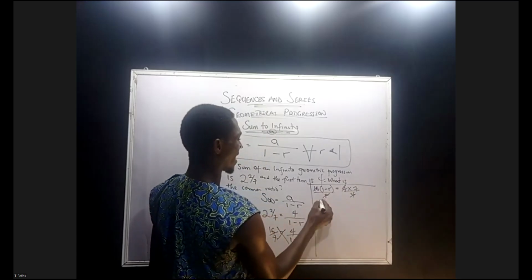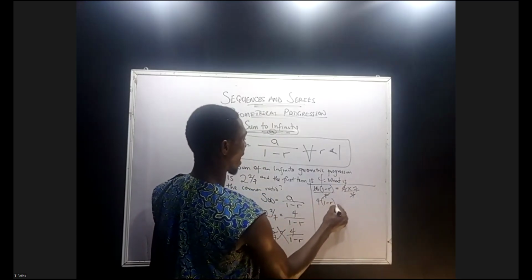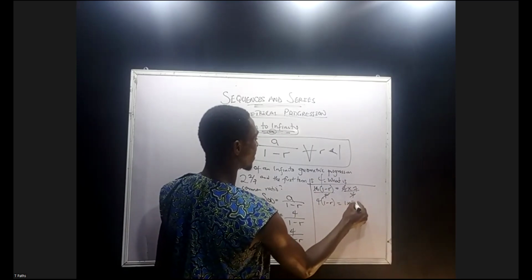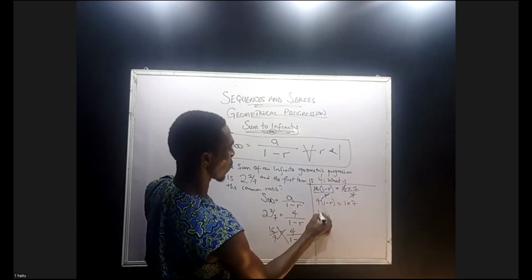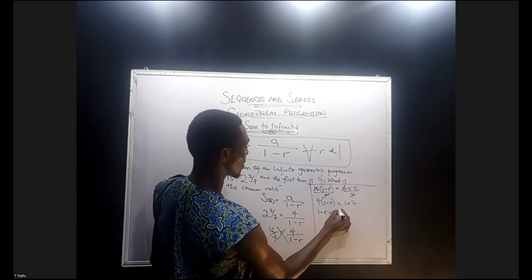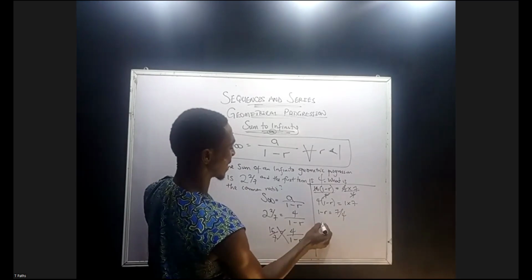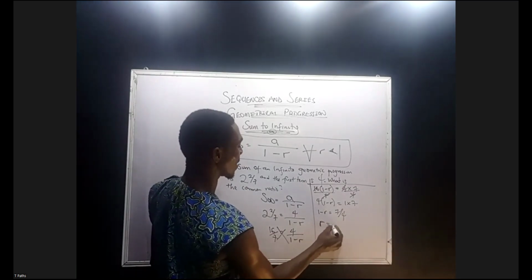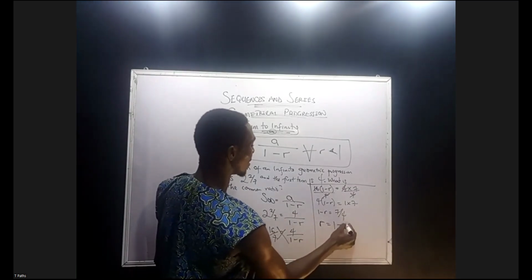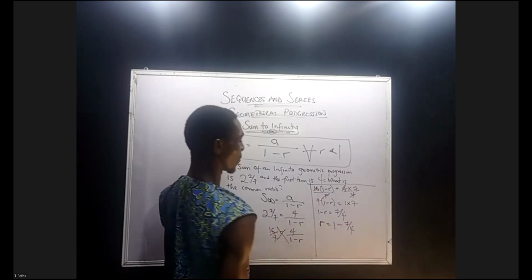I have 4 in brackets 1 minus r equals 1 times 7. So I can say 1 minus r equals 7 over 4. Then automatically I can say that r equals 1 minus 7 over 4.